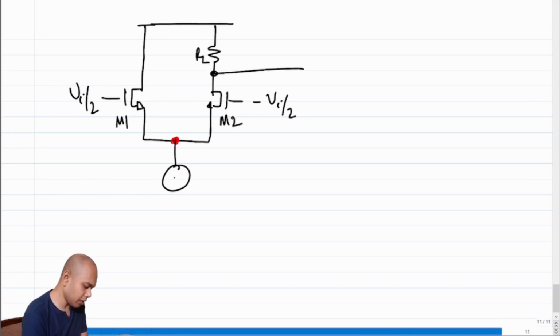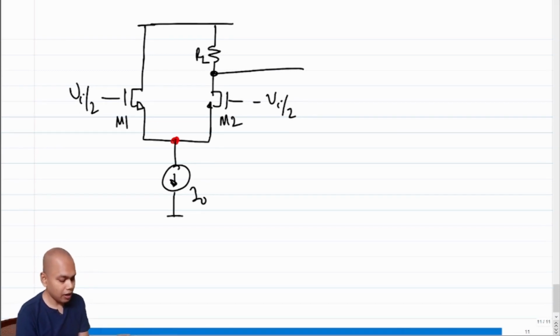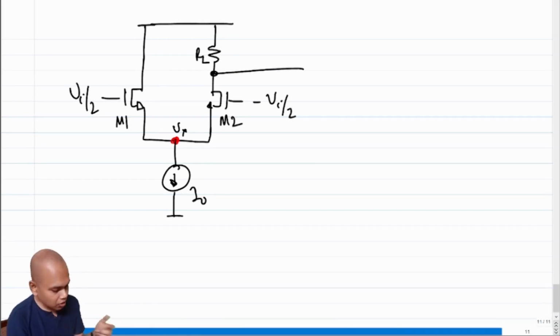For this particular purpose I will put back this I naught, because having the I naught or having a resistance R is irrelevant as far as the differential operation is concerned, because we saw that node Vx will be equal to 0 under differential operation. So we can make our analysis simpler by putting a constant current source.